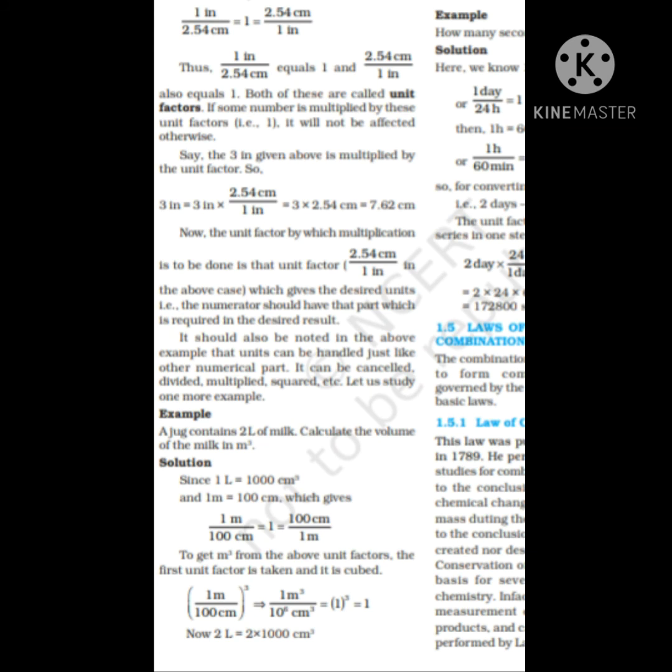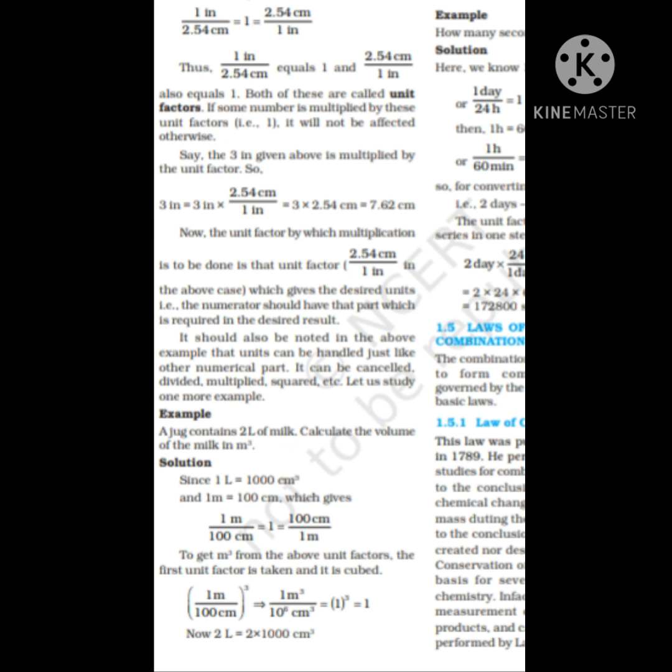In the next example: how many seconds are in 2 days? Observe this calculation. Here the solution is: we know 1 day equals 24 hours. 1 day by 24 hours equals 24 hours by 1 day. Then 1 hour equals 60 minutes. 1 hour by 60 minutes equals 60 minutes by 1 hour.